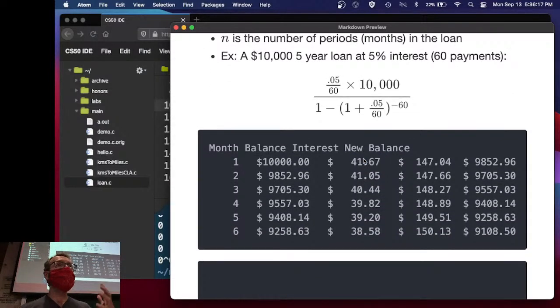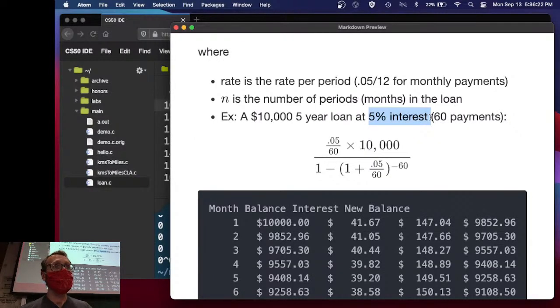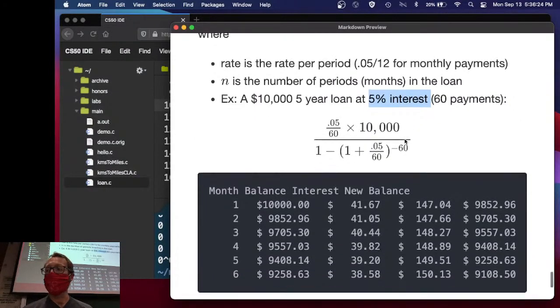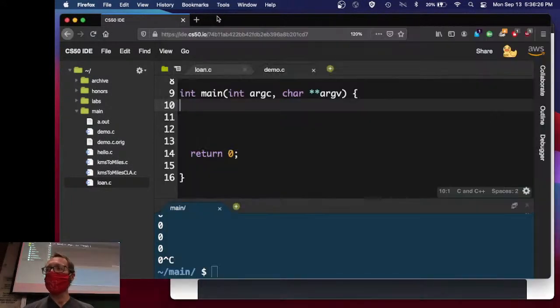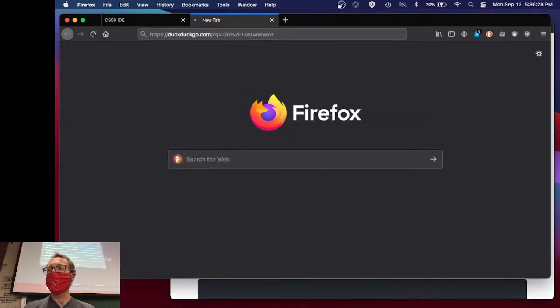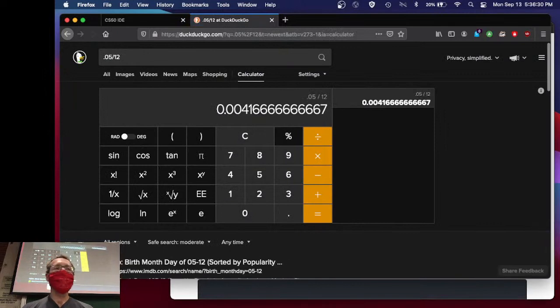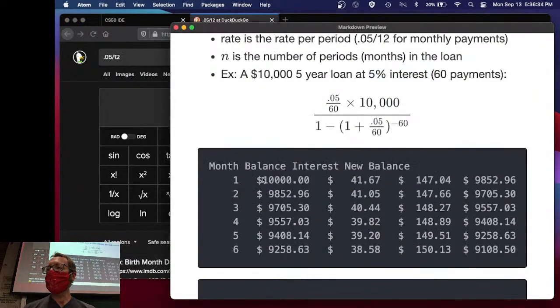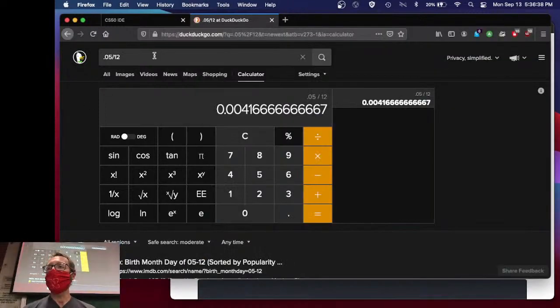That gives you the monthly rate, because 5% is the annual interest rate. Whatever that happens to be, let's go with 0.05 divided by 12, and that comes out to about that, right? Now I'm going to multiply that by my current balance. I borrowed $10,000, and that tells me how much interest I have to pay that month.